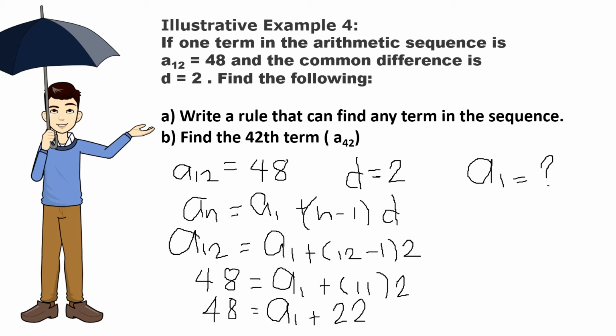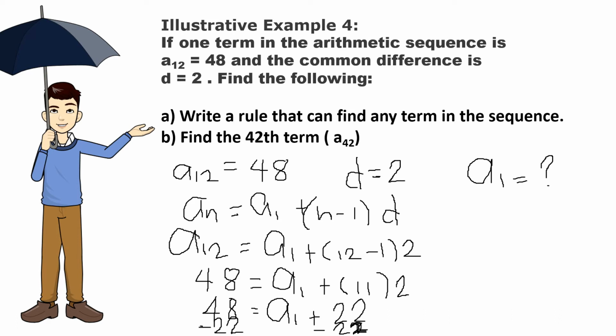Ngayon, para ma-solve natin ang value ng A sub 1, subtract natin yung 22 on both sides of the equation. So, kailangan maging 0 yung ating number na kasama ng a sub 1. So, lagay din natin sa kabila ang minus 22.